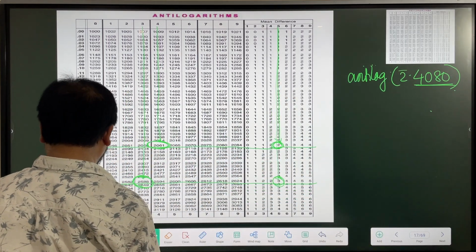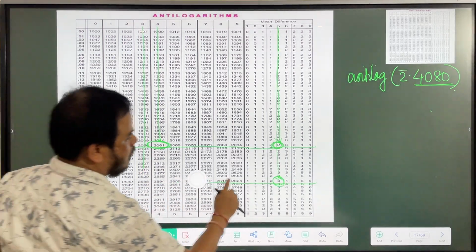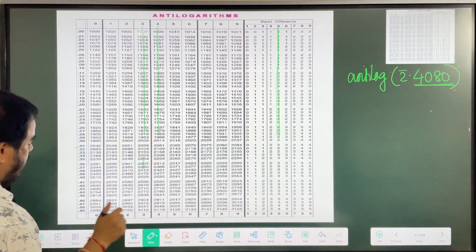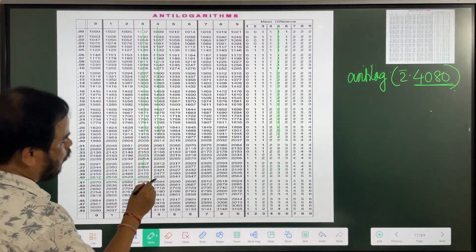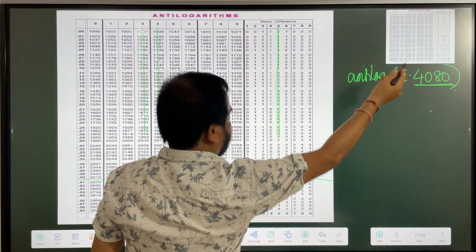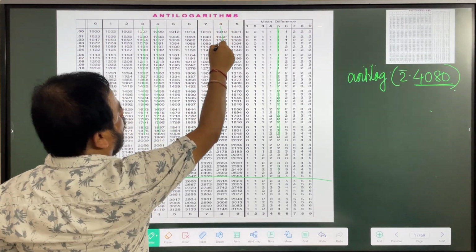Where is 40? This is 0.40. Then 8, so we will look at the column of 8.